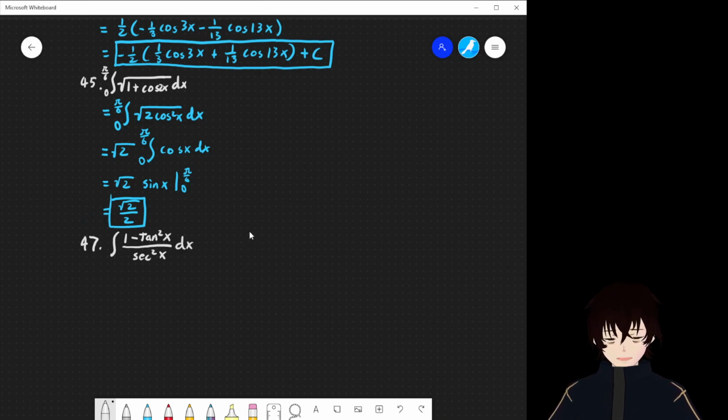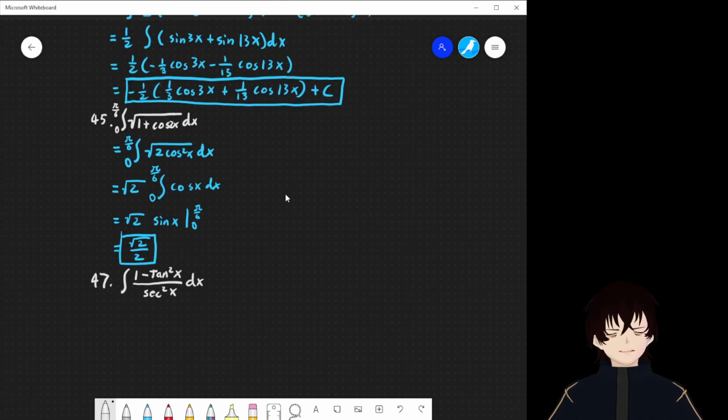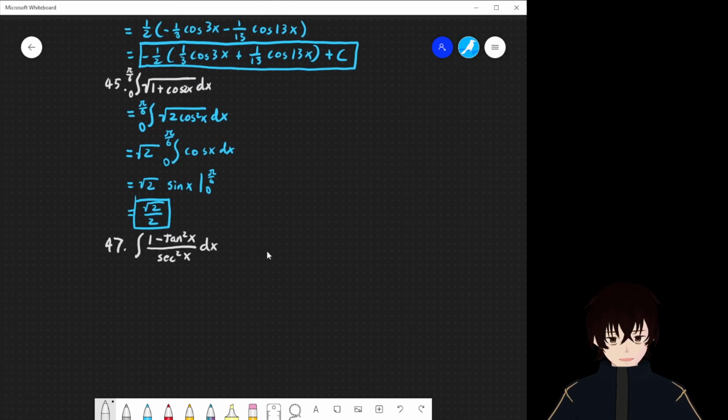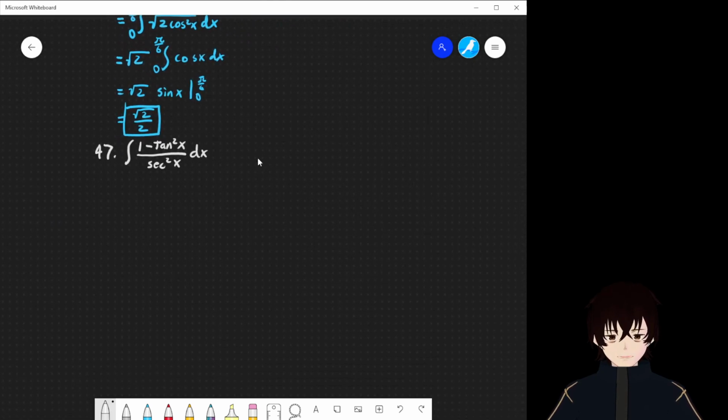I find definite integrals quite a bit easier than indefinite integrals. I mean, the other way around. I find indefinite integrals quite a bit easier than definite integrals.